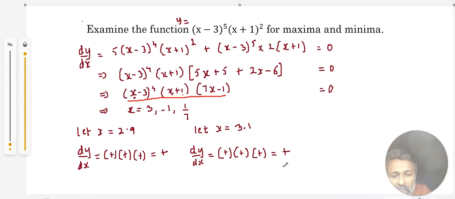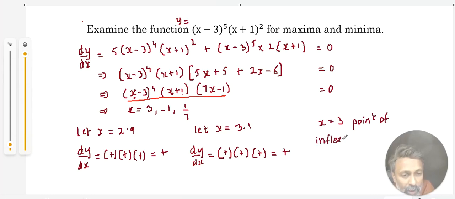So the sign of the first derivative is not changing, hence we get x is equal to 3 is a point of inflection, as there was no change of sign for the first derivative.